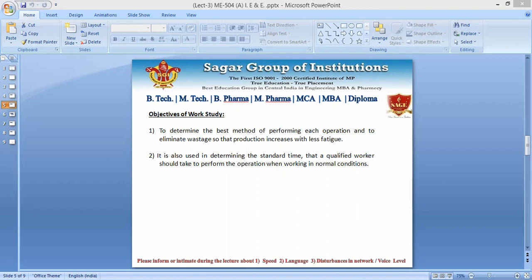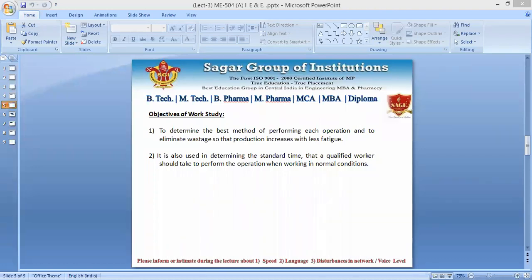Another thing, we need to measure the work content of the job by comparing with the time to perform the job by a qualified worker. And finally we can establish the standard time.